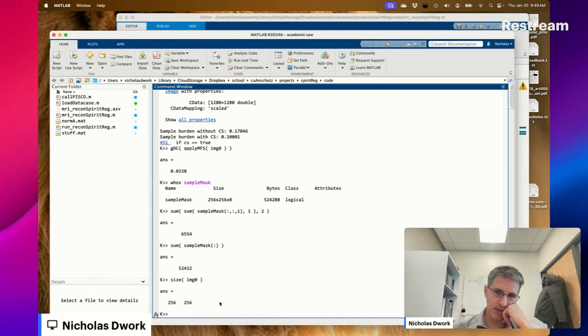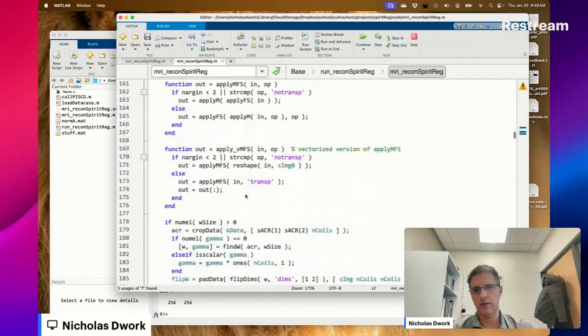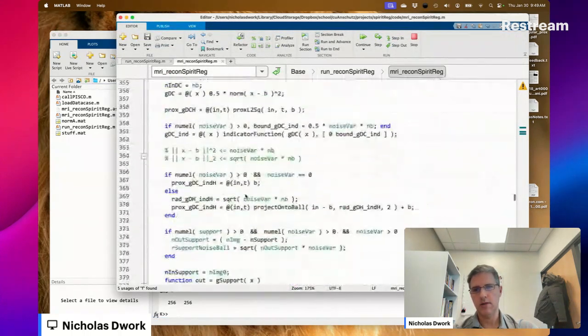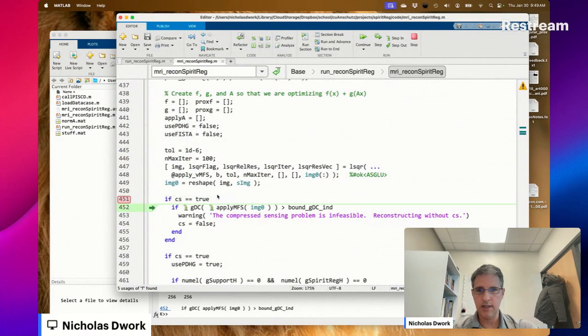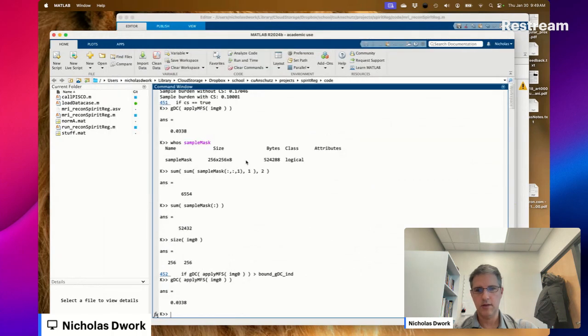But even though the system is underdetermined, it doesn't necessarily mean that it's feasible. None of those possibilities, apparently, satisfy this bound.